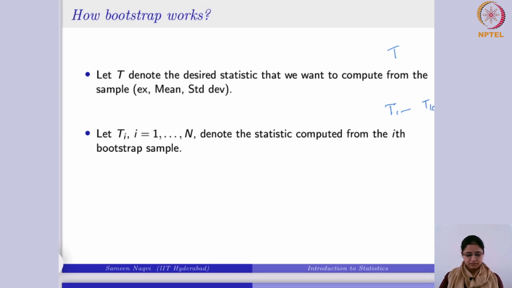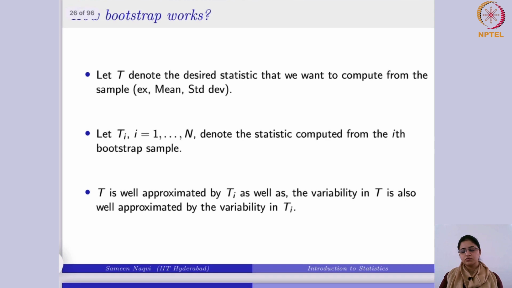Each Ti is calculated from a sample that is meant to mimic one being drawn from the original population. If you take the average of these, it should give you an idea about T itself. So T is well approximated by the Ti's, and its variability can also be approximated by them.